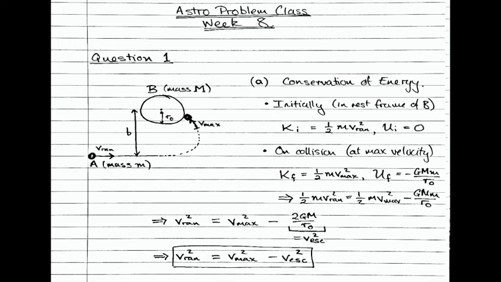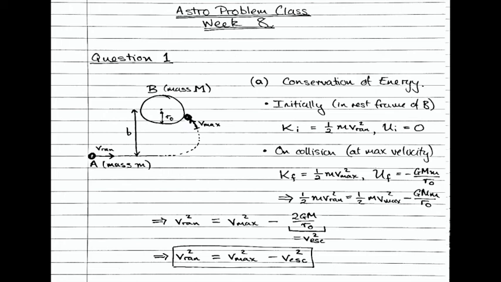When the two collide, this is when the maximum velocity is obtained, the final kinetic energy is a half m v_max squared, and the potential energy is the Newtonian potential energy, minus GMm over R0.